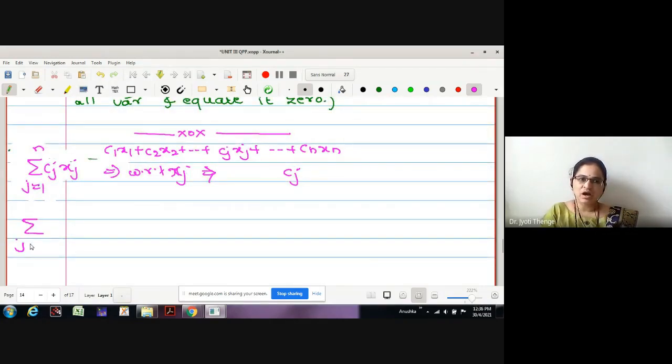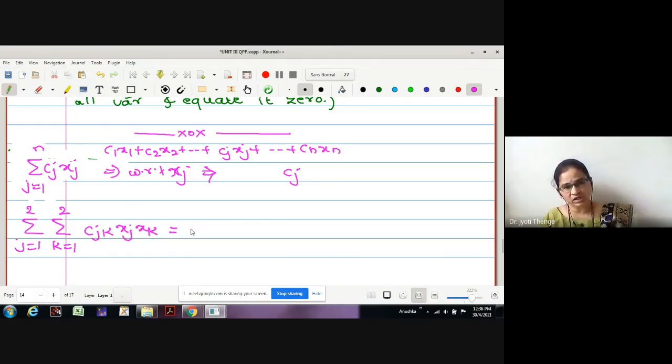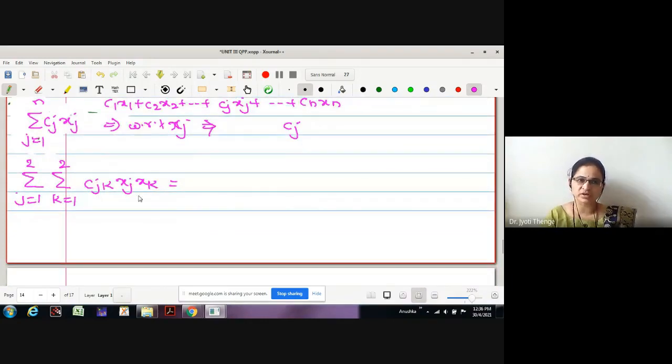Now let me show you with the double summation. If I take 1 to n, it will be very lengthy. Just to explain, I will take summation j equals 1 to 2, summation k equals 1 to 2 cjk xj xk. Let me understand what the term is going to give. First, let me run the summation over k and check how many terms we have. If I run the summation over k from 1 to 2, what are the terms?